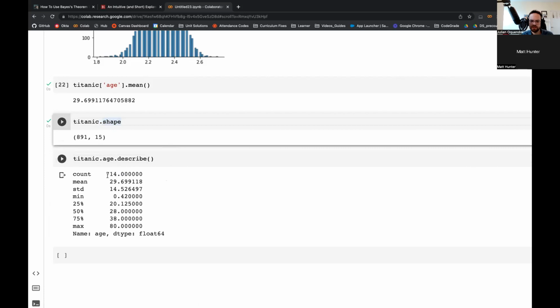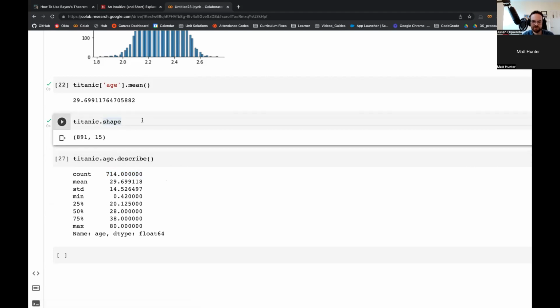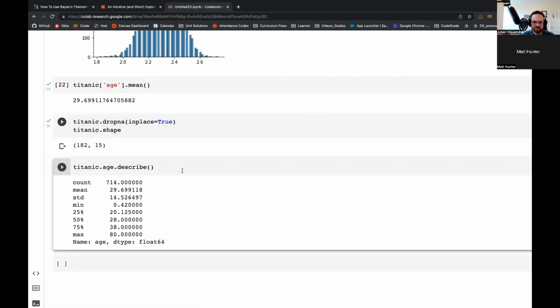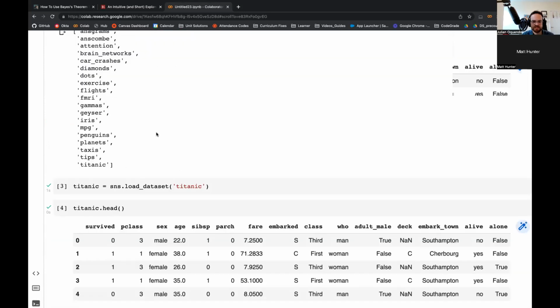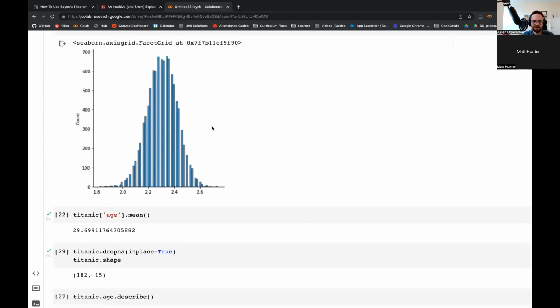How did you determine what the difference was? Well, my count of values says there's 714, but there should be 891 rows. So let's go ahead and drop my null values, in place equals true, and take a look at just how much damage we've done to our data set. I did a lot of damage to my data set. Great. Let's do something a little bit different.